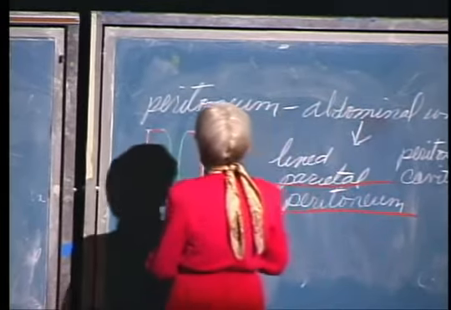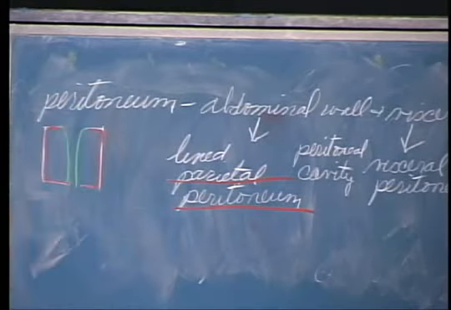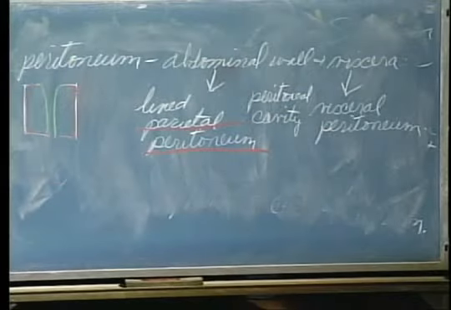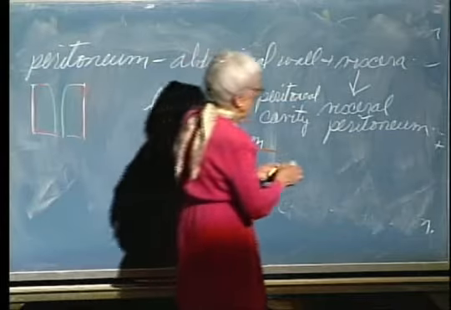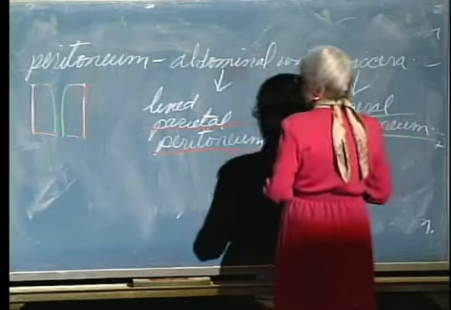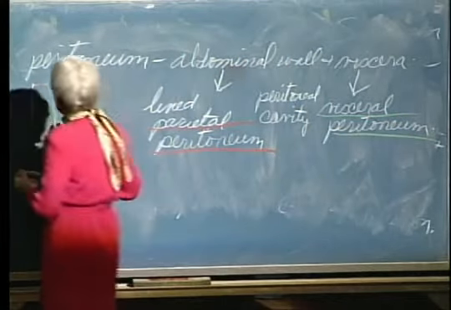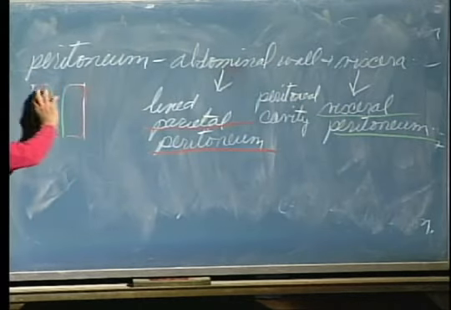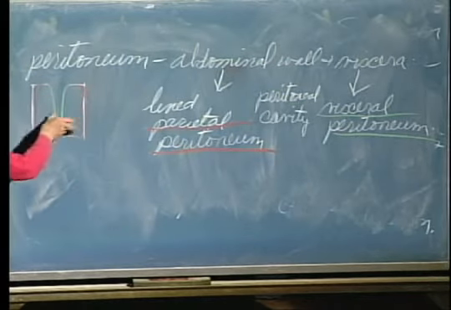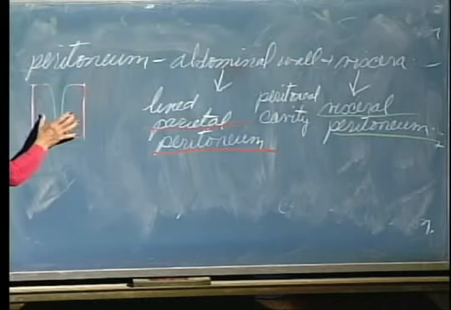And the visceral we'll just leave as green because that's lining the viscera. But the point is that I've just done this in very cartoonish fashion because when you've got 20 feet, this whole thing is wound in here, and you certainly don't have a cavity like this.